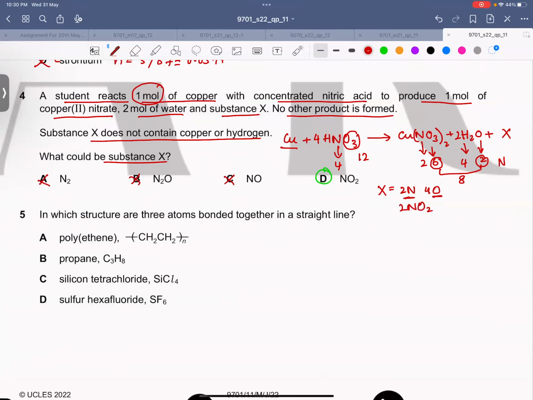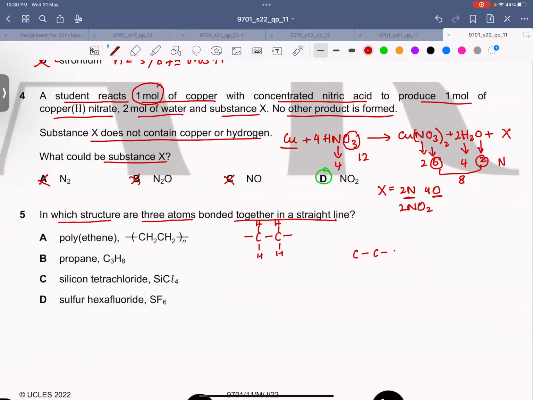Question number 5. In which structure are 3 atoms bonded together in a straight line? Okay. So if I draw polyethene, I will be getting this structure.